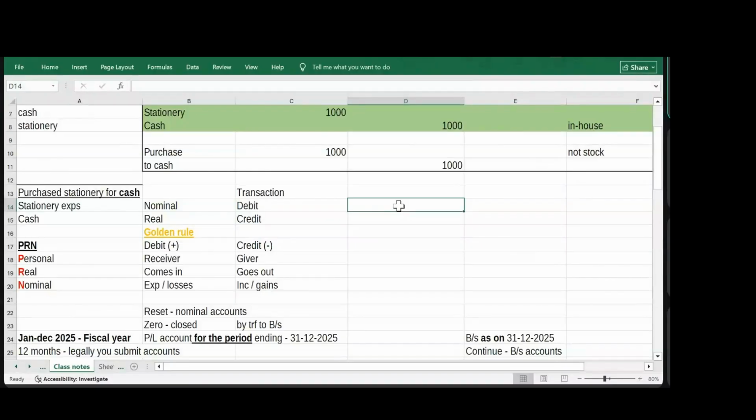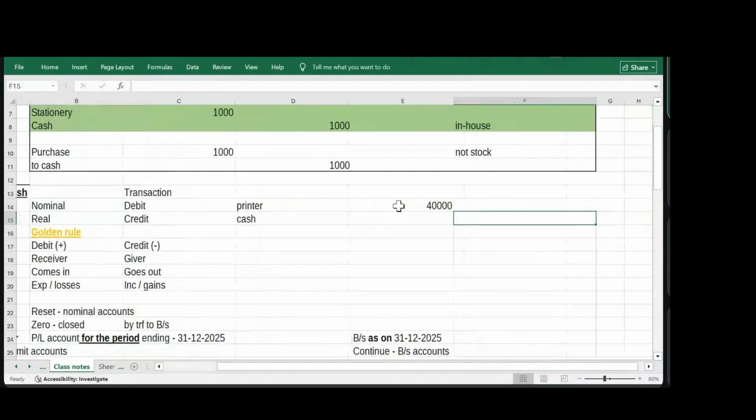Suppose I am buying a printer. Printer is an asset and cash both will be involved. Printer, a real account, debit what comes in. Printer is going to come in for 40,000, and cash will be credited because it is going to go out.